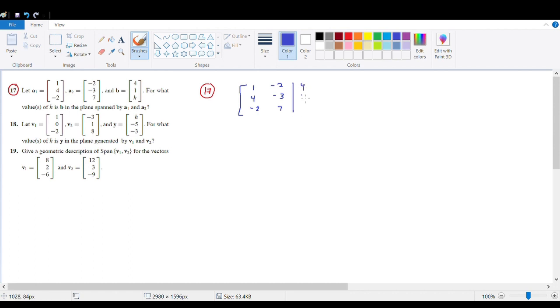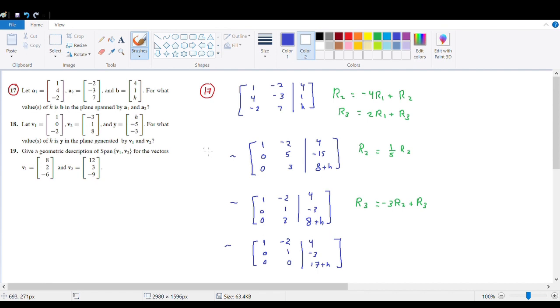So here 4, 1, h. We need to do row operations to reduce this matrix. After doing row operations, we get the final matrix, which is this one. So the system is consistent whenever 17 plus h is equal to 0.